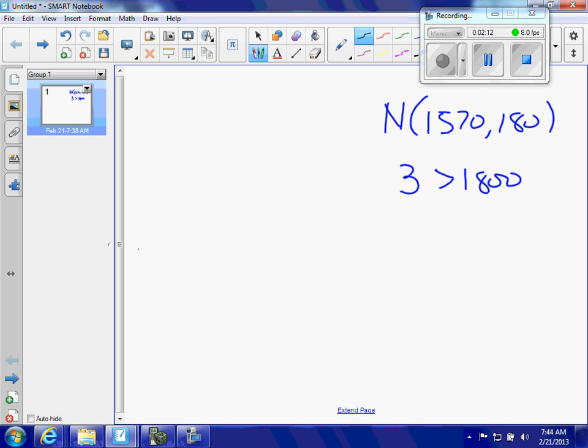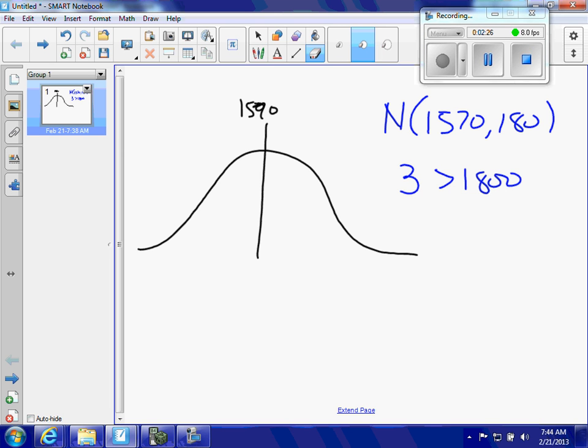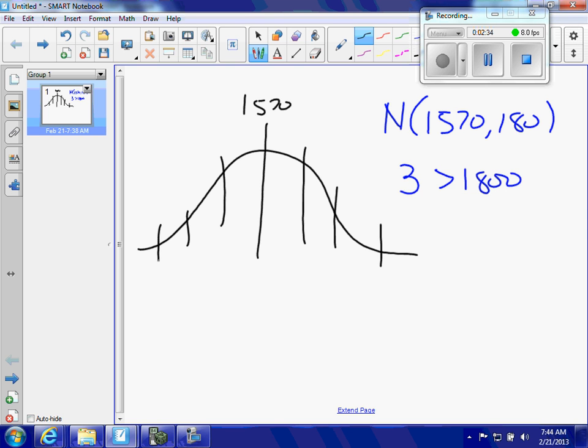So first, let's start off with rule number 1, make a picture. So I have my normal model, and 1570 is my mean, and then I'm going to make 3 standard deviations to either side.